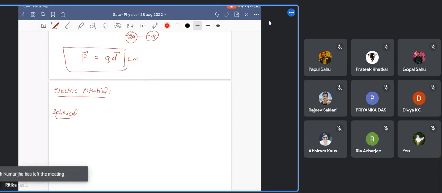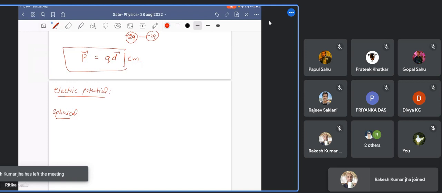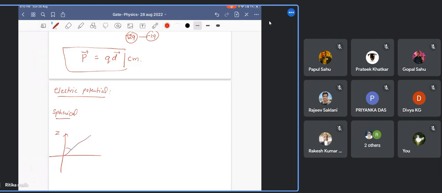In spherical polar coordinates, the angle theta is measured with respect to the z-axis. We have a point P at a distance r, making a polar angle theta with the z-axis, and its projection on the xy plane makes an angle phi with the positive direction of the x-axis. So these are the r, theta, phi coordinates in spherical polar coordinates.